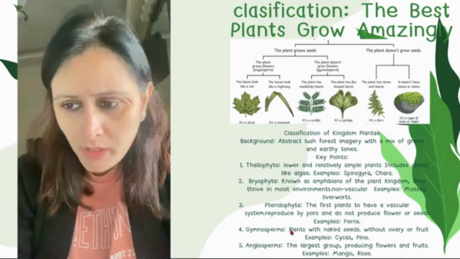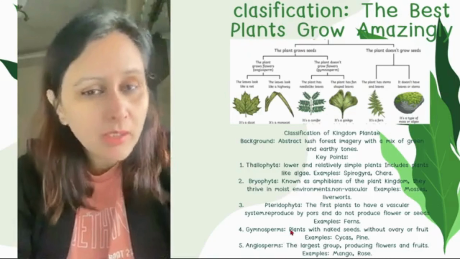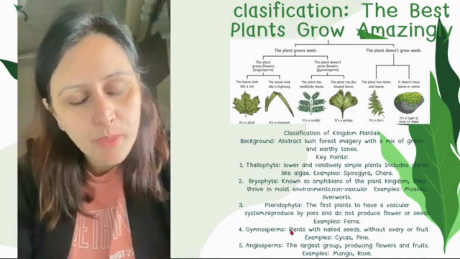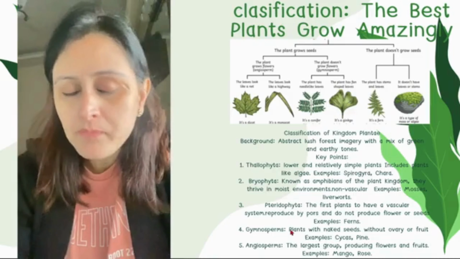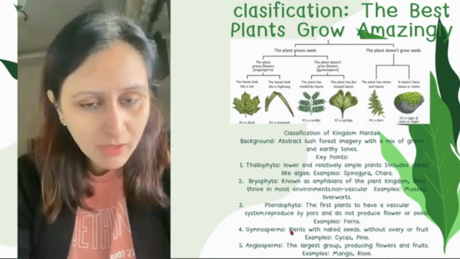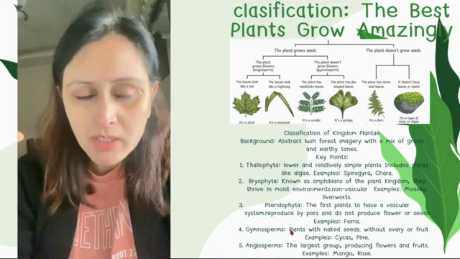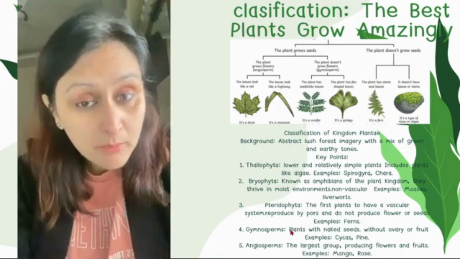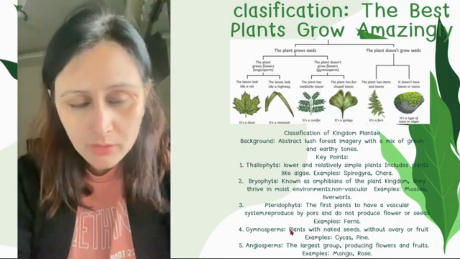Coming down to Bryophyta. Bryophyta are also known as the amphibians of the plant kingdom. This is a very important point to remember. Why are they called the amphibians of the plant kingdom? See, they are present on terrestrial areas, but for their reproduction, they need water as a medium. Now we know plants are immobile. They cannot move from one place to another, right?